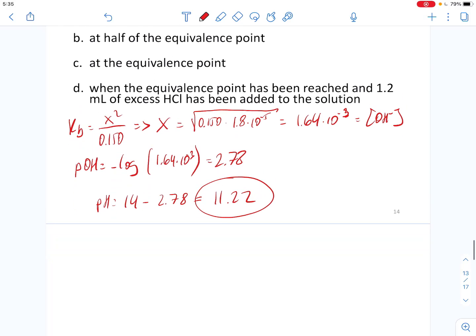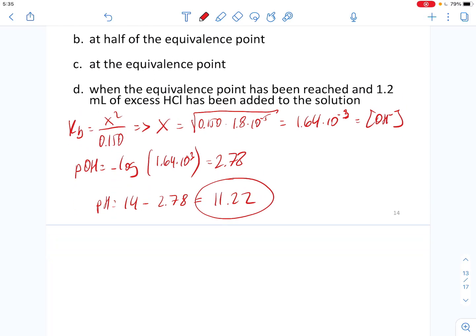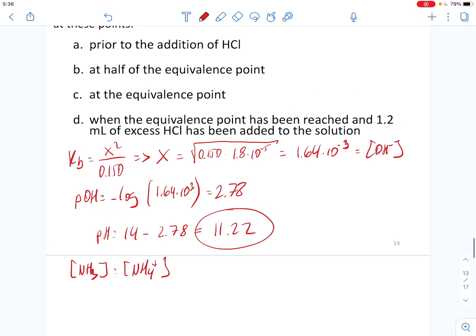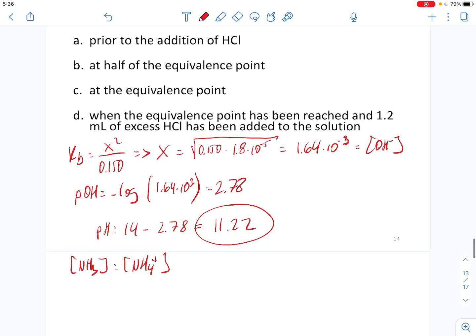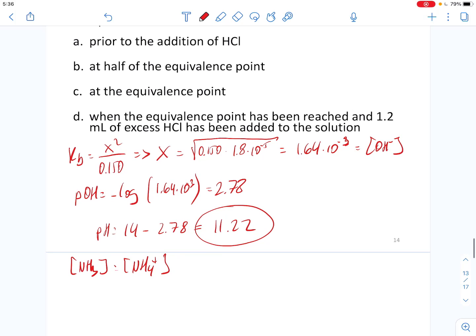Now, halfway to the equivalence point, at that point the concentration of NH3 is equal to the concentration of NH4 plus. Okay? But since we are working with a buffer at this point, we need to see this from the point of view of the acid. So we need to calculate Ka.